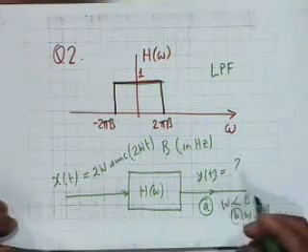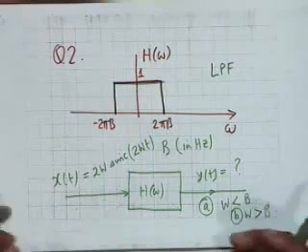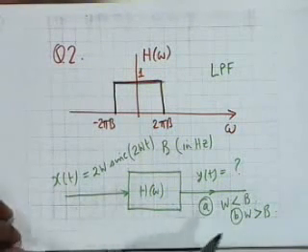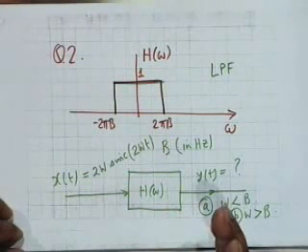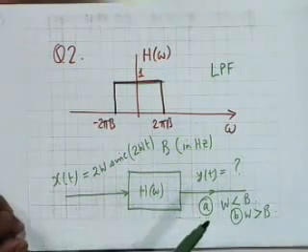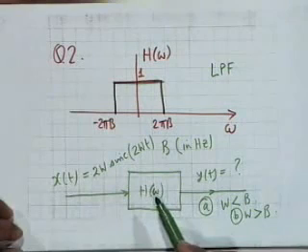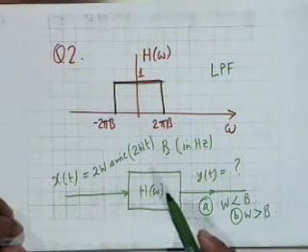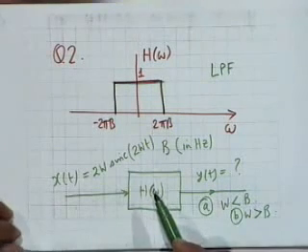Well, one can do this problem in various ways, but the simplest one is the following. You apply the multiplication theorem of convolution, that is, x of t convolved with h of t is equivalent to the product of capital X of omega and H of omega in the frequency domain.